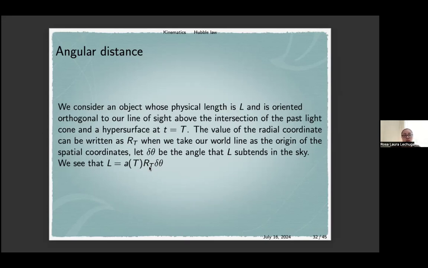In this case, you have a similar situation, but as you can see, this a, which depends on time, now appears in the expression for the arc. Why? Because the universe evolves with time, and the quantity which encodes that feature is this a. So you can think in a similar way as you work with polar coordinates, but now multiplied by this factor a.